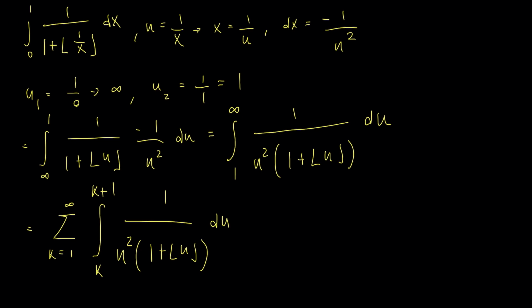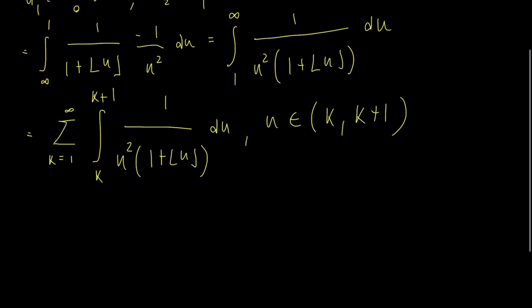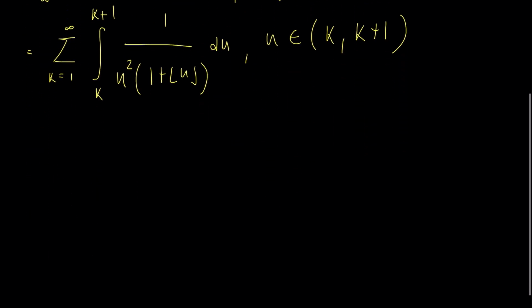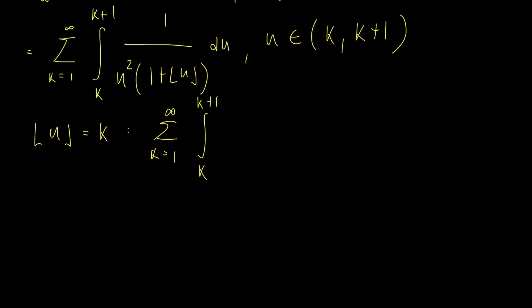And we'll make the observation, since u is in the interval from k to k plus 1, this means that the floor of u is equal to k. So we have the sum from 1 to infinity of the integral from k to k plus 1 of 1 over u squared times 1 plus k du.